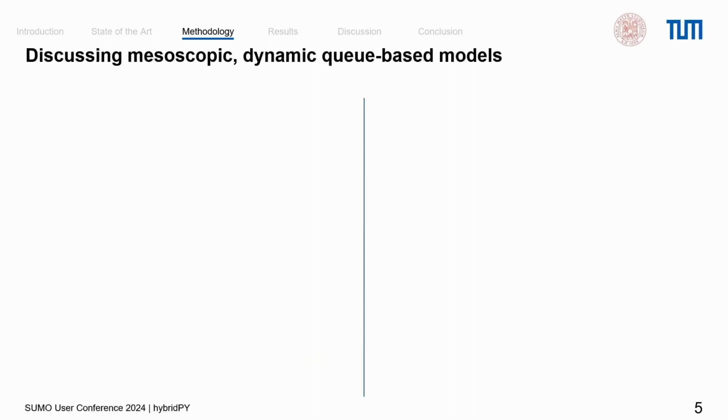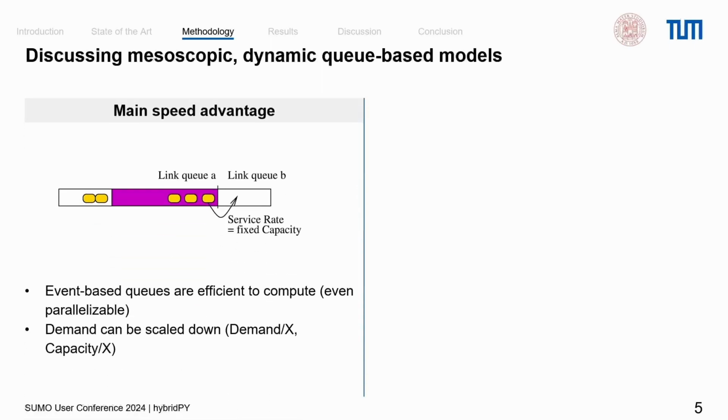Just some theoretical disadvantages or advantages of mesoscopic models. As Fabian said, the speed is probably the main advantage of mesoscopic modeling, and this is due to two facts. One is it's an event-based queue.